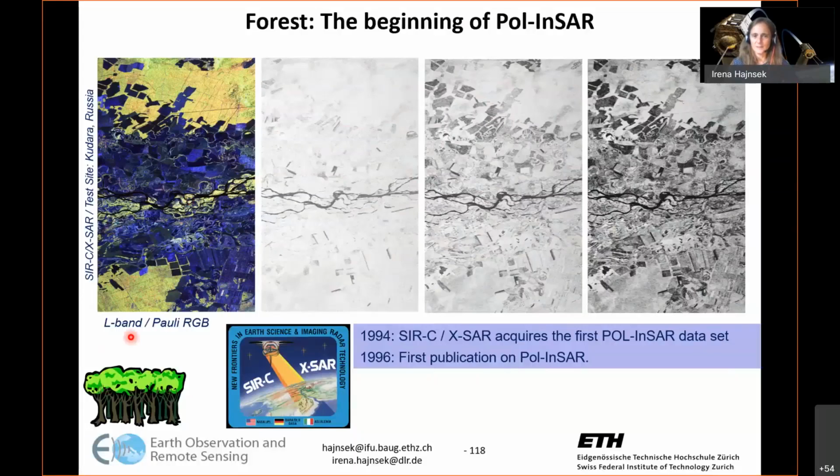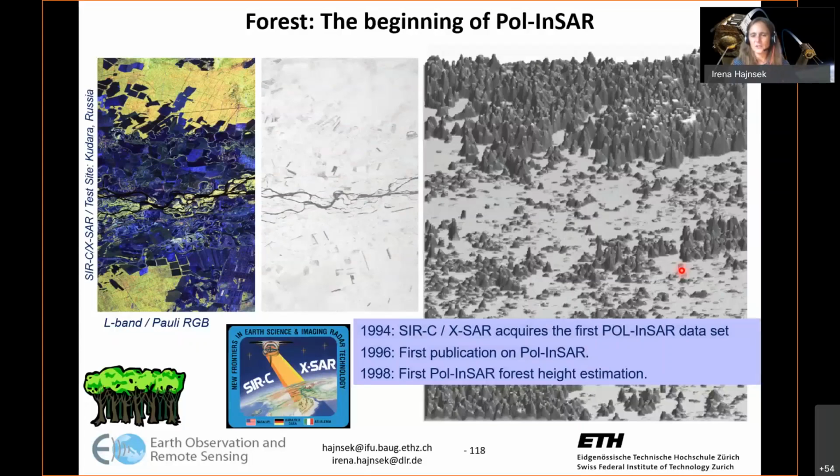When people first looked at this interferometric data, they saw the coherences. You see here the coherences at different polarizations. This was the first step. And with this first step, they just used one of these polarizations, mainly the one with the strongest decorrelation, which is the HV polarization channel, and just did a kind of phase center height estimation.